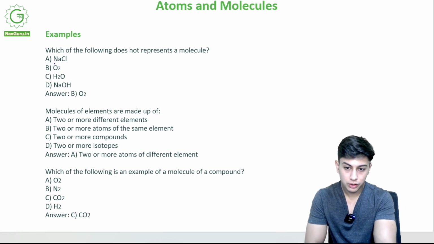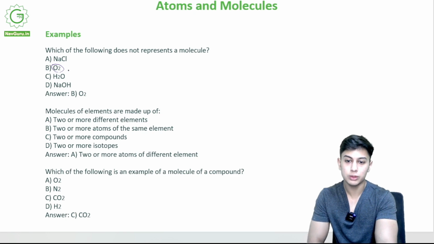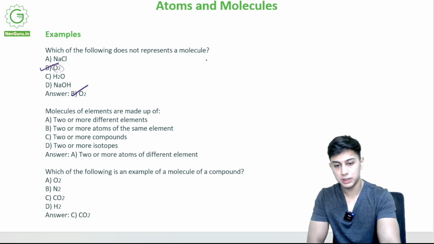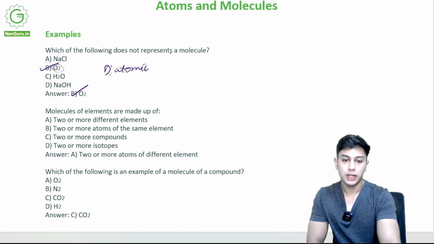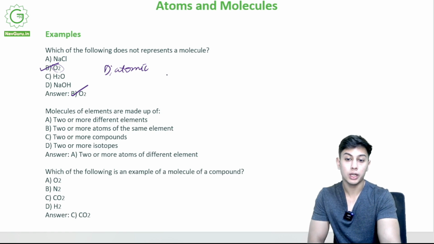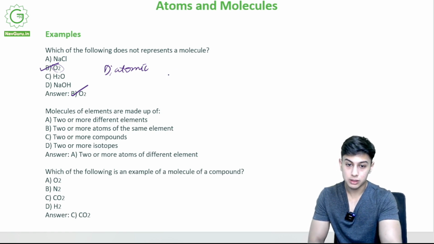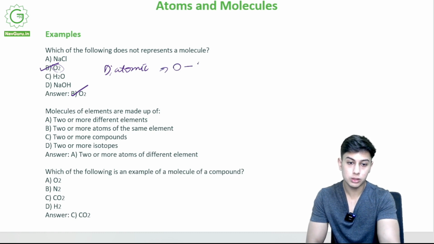Only one of the options has only one element, that is O2. So the answer is O2. It does not represent a molecule of a compound. Why? It is diatomic. It does represent a molecule, but a molecule of the same atoms, a molecule of an element. So O2 only has O and O.